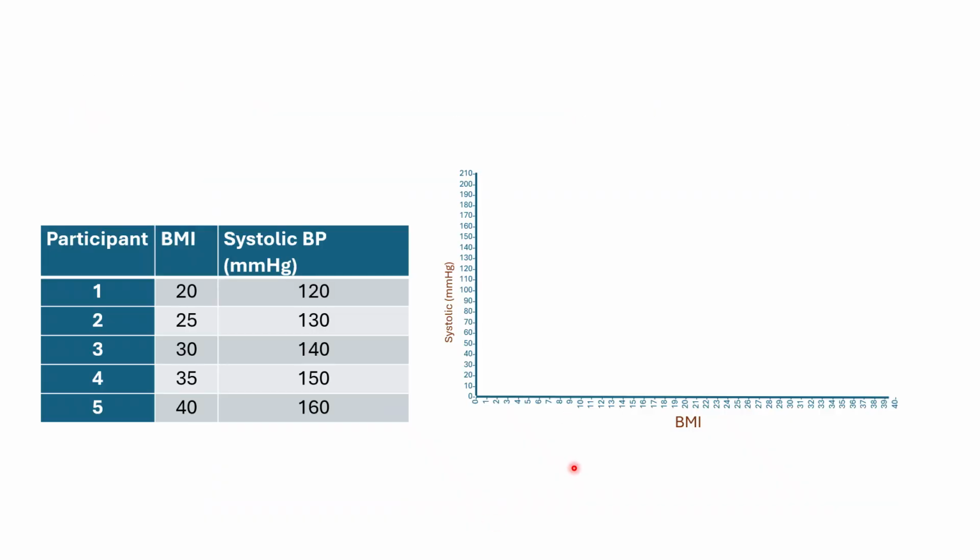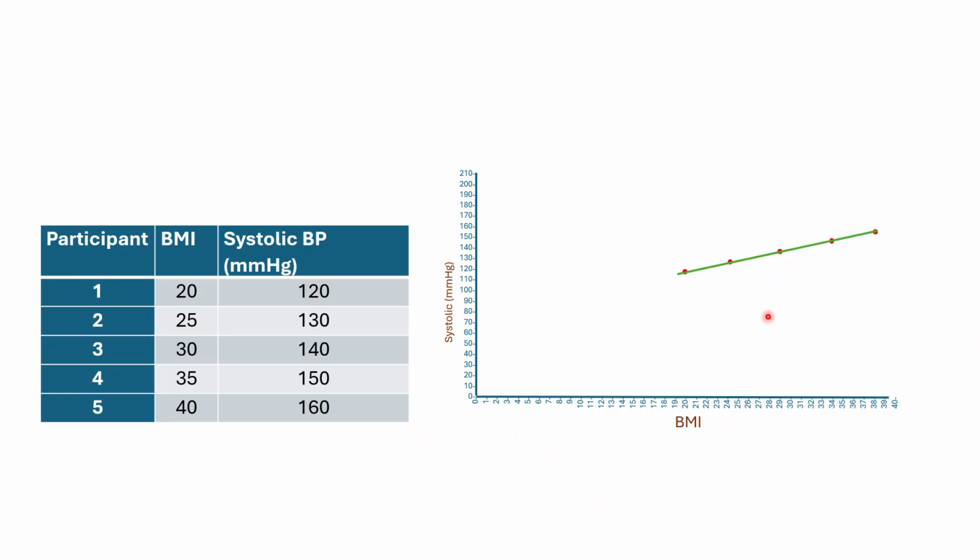So if we plot these values on a graph, the first person with a BMI of 20 and a systolic blood pressure of 120 will be represented by this dot, second person by this dot, and so on. And if we connect all these dots, we get a straight upward sloping line like the one you see on your screen.